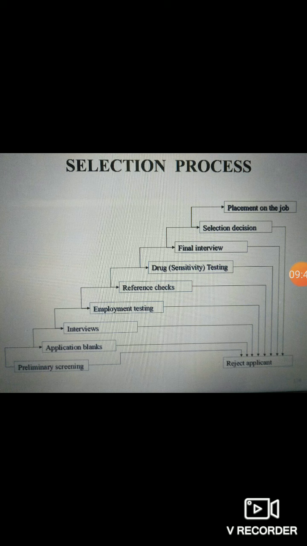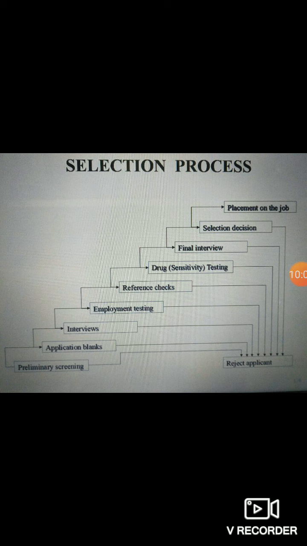Generally these reference details are taken from the employer's details, the academic teachers and academia related people's data. These details can be given in the reference check.